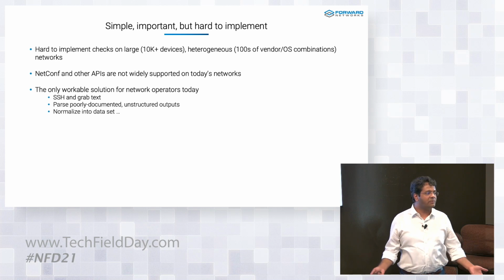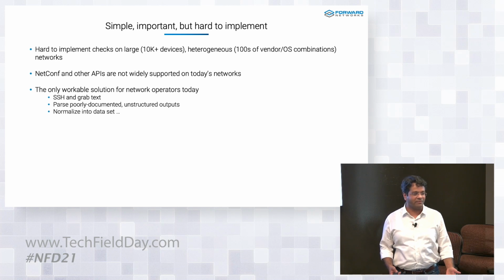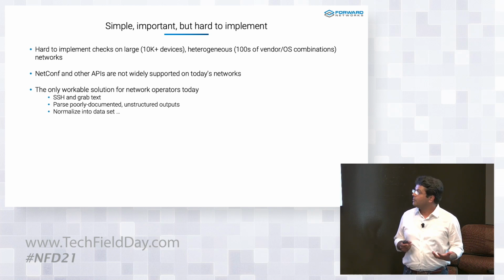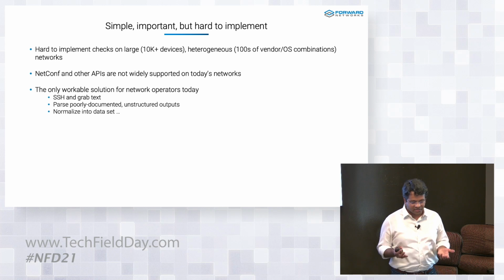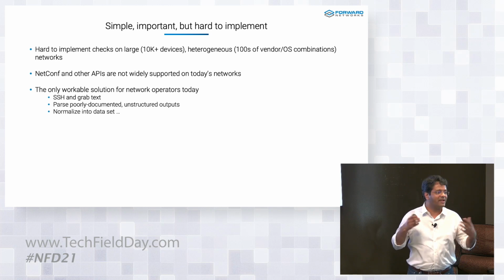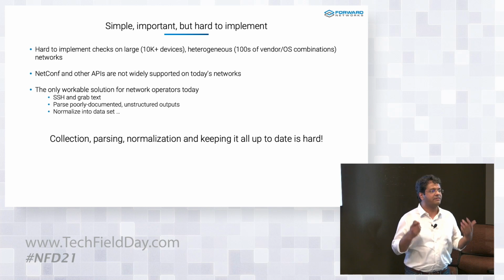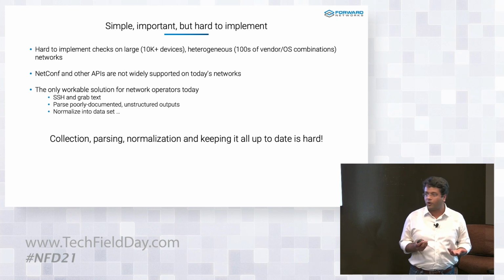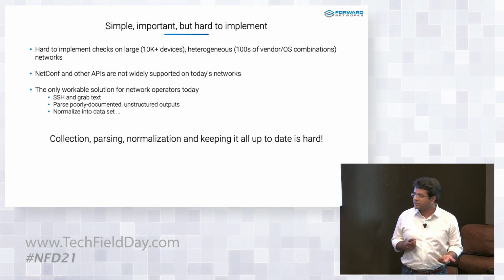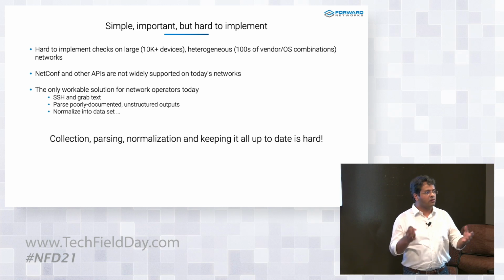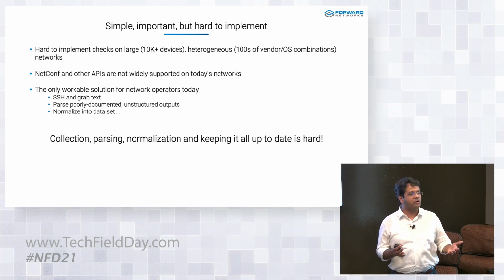So the only practical workable solution is to write a program that will SSH into these devices, grab text output, parse this poorly documented unstructured data, and normalize it into a data set, and so on and so forth. And ultimately, this never happens for them. The core of the problem is collecting, parsing, and normalizing this unstructured data, and keeping all this logic up to date as the network evolves is really hard.